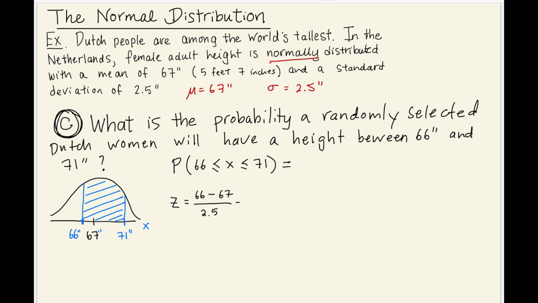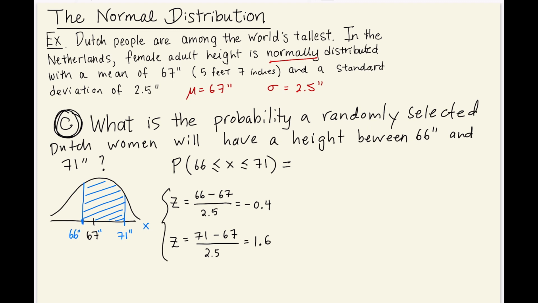Okay, and performing this calculation, I get negative 0.4. Now I'm going to do the calculation for 71 inches. We expect that to be positive. Again, I'm lucky I don't have to round, but if you did have to round, always round your z-scores to 2 decimal places.